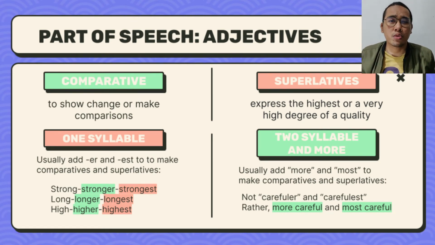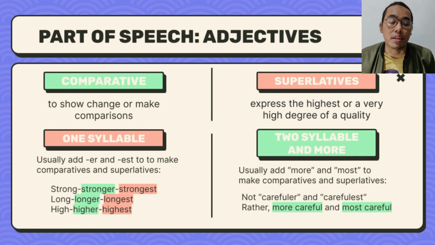However, for most 2-syllable adjectives and for all adjectives with 3 or more syllables, we usually add more and most to make comparatives and superlatives. Words like careful, for example, rather than becoming carefuler or carefulest, we use more careful and most careful instead.